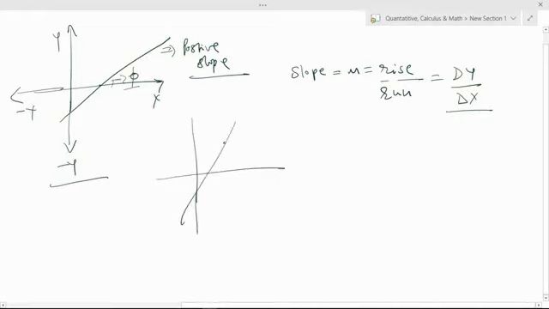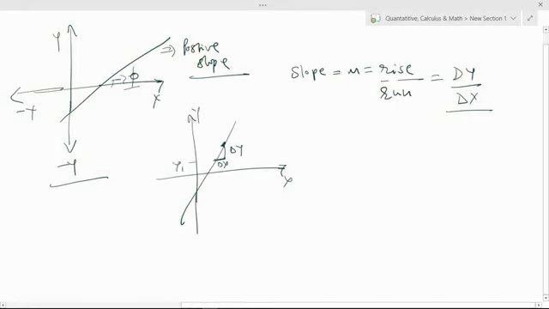Now when we are looking at the slope of a line, let's look at another example. The slope of this particular line is nothing but the change in the y-axis over the change in the x-axis. So basically you are looking at 2 points, which is how you're going to calculate the slope.